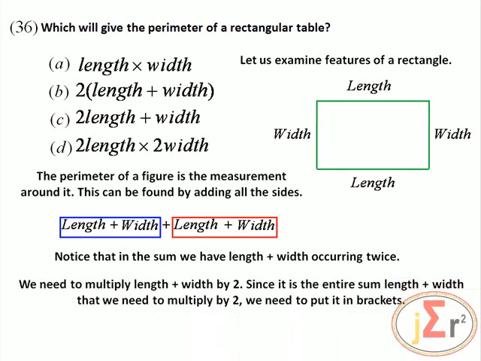Since it is the entire sum that we need to multiply by 2, we need to put it in brackets. So we have the length plus width in brackets, multiplied by 2. And of course, let's see what option that is.